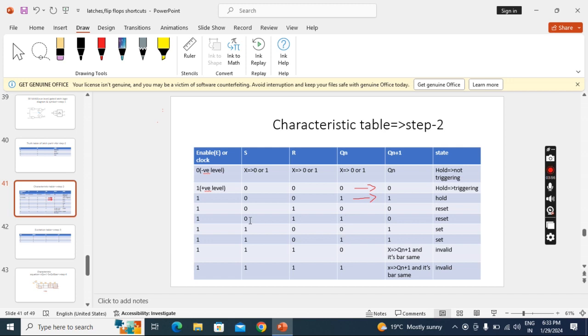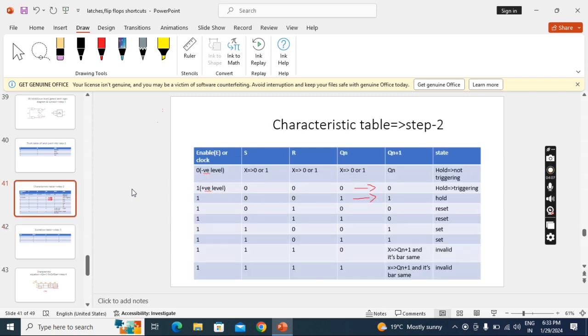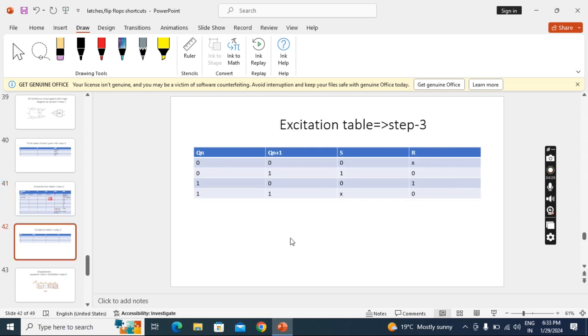For 1 0 we are getting S0 R1. Now for n plus 1 1 1, it will be at two places. Here S value is 0 and here we are getting 1. So yes, S is different, but R we are getting the same, 0. So we write X for S. Like that we have to write the excitation table.